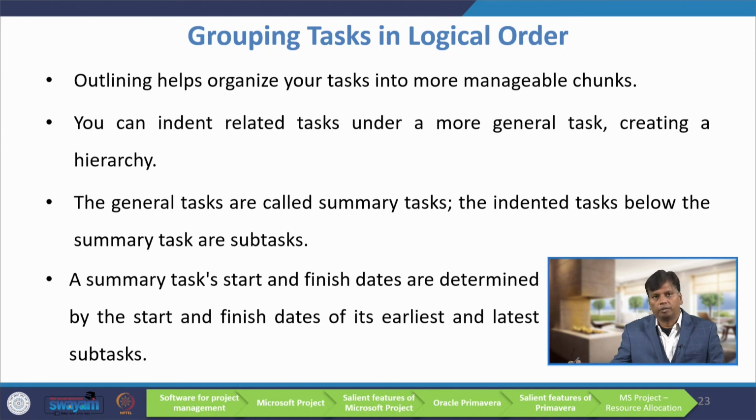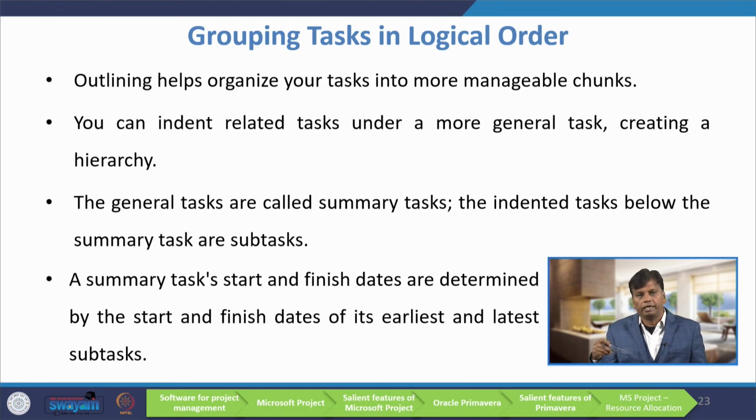The purpose is that we can easily observe how a task is related to a work package, and how that work package is related to our overall project. Outlining helps organize your tasks into more manageable chunks. You can indent related tasks under more general tasks, creating a hierarchy.